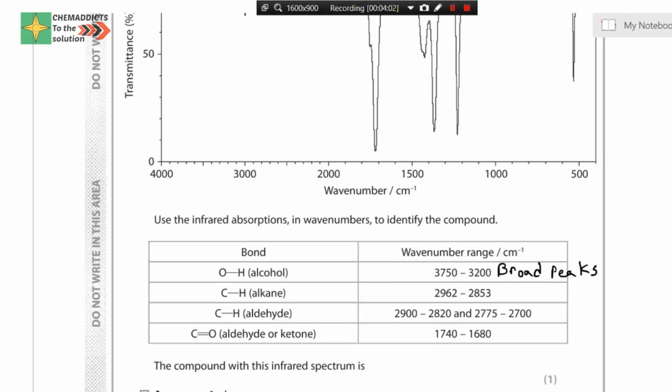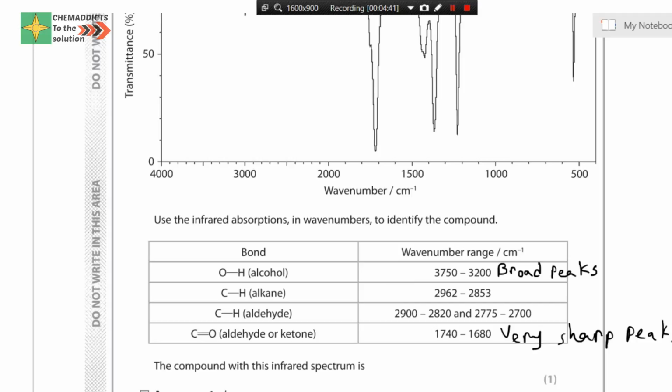So in this case, alcohol will give broad peaks, these two will give the normal peaks, and the CO of aldehyde and ketone will give very sharp peaks. Let me summarize this once again.